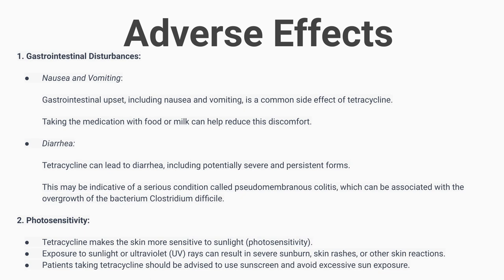So nausea and vomiting, and then comes up diarrhea. Taking tetracycline can lead to diarrhea. There is this condition called pseudomembranous colitis. If there is Clostridium difficile in your body, another Clostridium species, pseudomembranous colitis may take place.